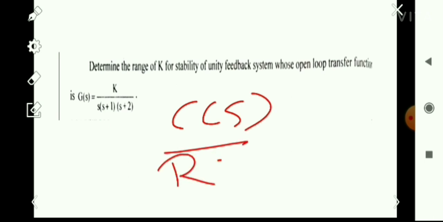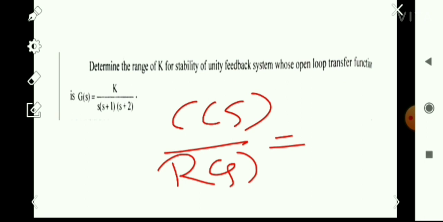So we know that the characteristic equation will be the denominator polynomial of our transfer function C(s)/R(s). If you are finding this C(s)/R(s), the denominator polynomial when equated to 0 becomes the characteristic equation.